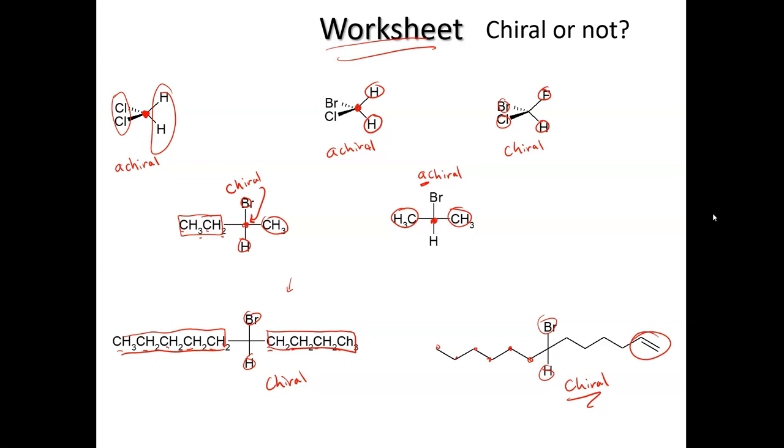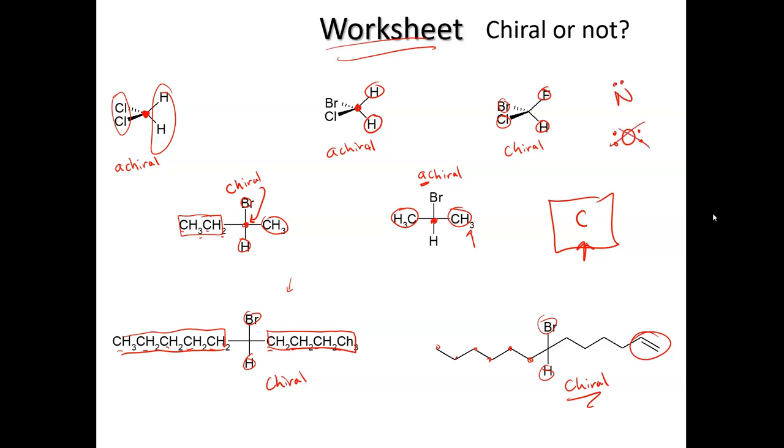Now here's a big trick. One element that we are looking at most commonly in this class is carbon. And a lot of times carbon will be attached to 4 different things. So we just need to figure out if it is attached to 4 different things. If it's attached to 2 or 3 or 4 hydrogens, it's not a chiral center. Oxygen, remember, has 2 lone pairs, so that's typically not going to be a chiral center.